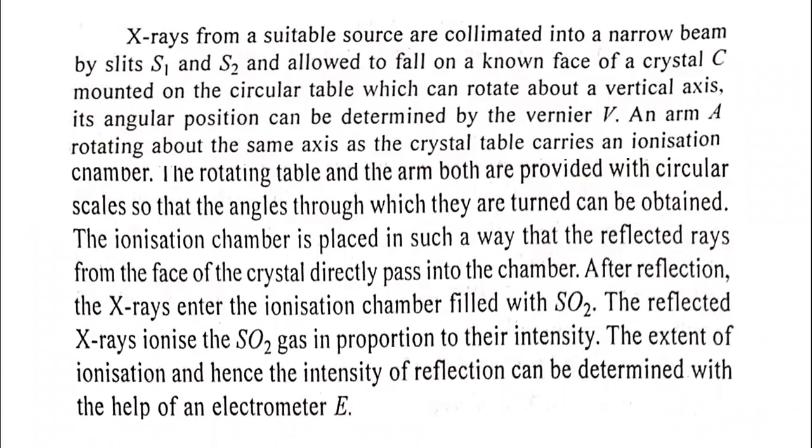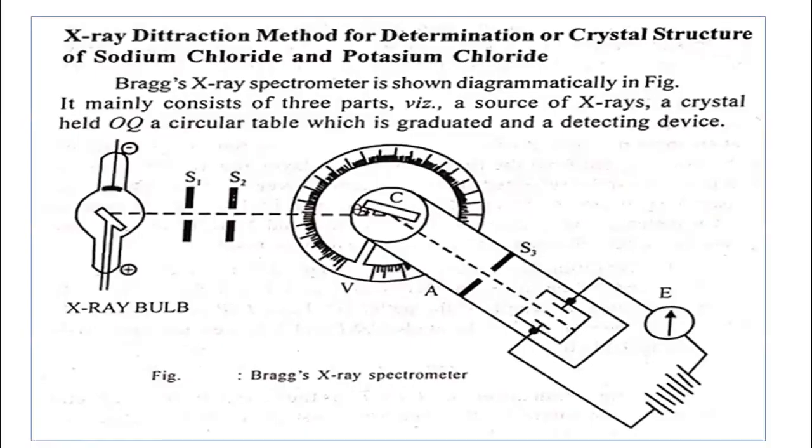X-rays from a suitable source are collimated into a narrow beam by slits S1 and S2 and allowed to fall on a known face of a crystal C mounted on the circular table, which can rotate about a vertical axis.